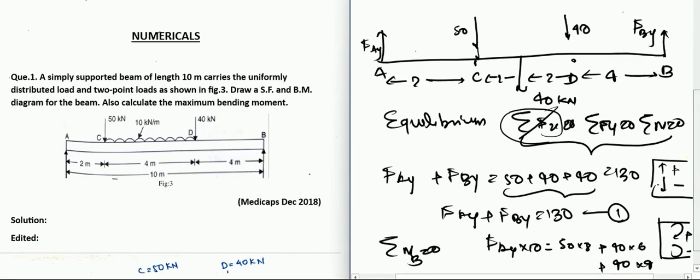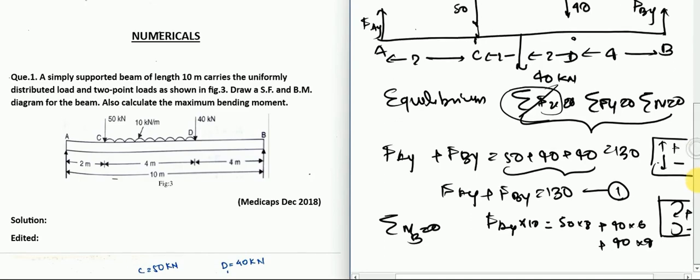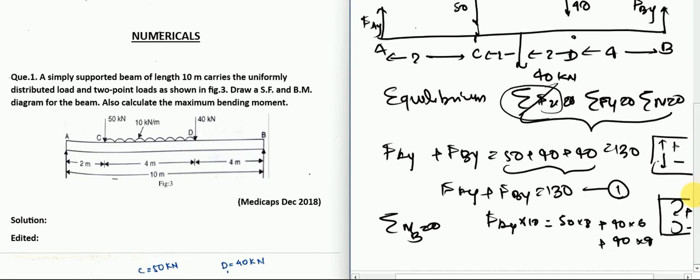I'll just correct this once. Fay into 10. If you solve this, you will get Fay equal to 80 kilonewton.